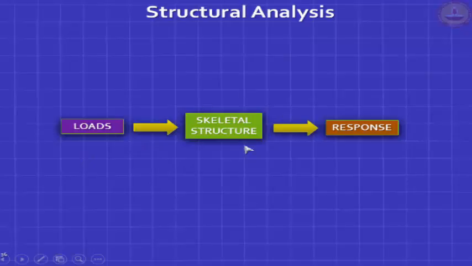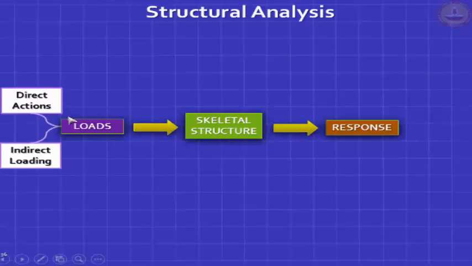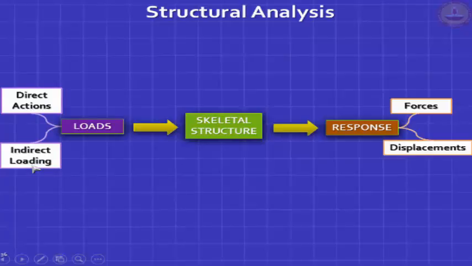So we must be able to model the structure, and usually in structural analysis the elements are such that the cross-sectional dimensions are very small compared to the length. So we take line elements with a skeletal structure, and the real challenge is to predict the response of a given structure when it's subject to loads. The structure should be modeled correctly, and the loads, as I mentioned, could be having direct actions or indirect loading.